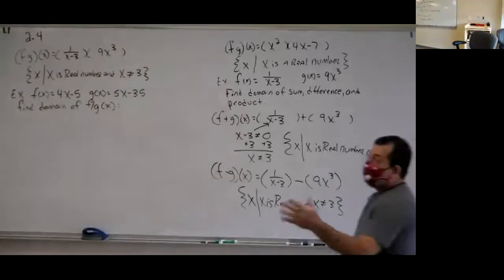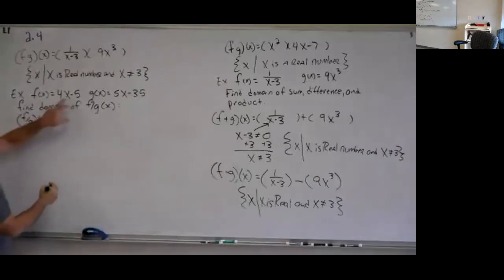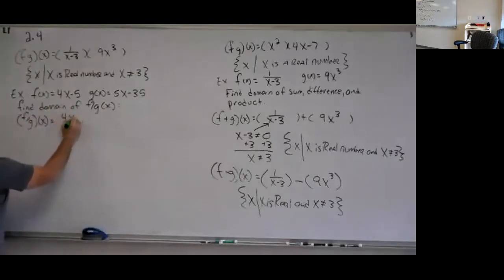Well, that's a little different because I just got division here. So I'm going to set it up. F divided by g of x will equal my f, which was 4x minus 5, divided by my g, which is 5x minus 35.